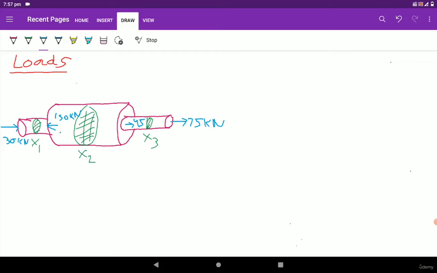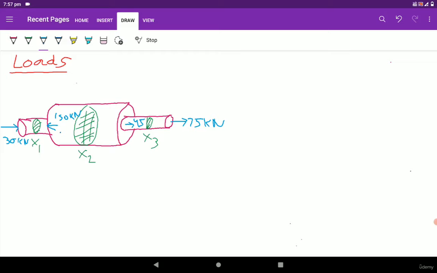So now we want to calculate the axial load which is acting at the x1 cross section. So at this cross section, how much load is acting? That is the x1 cross section.